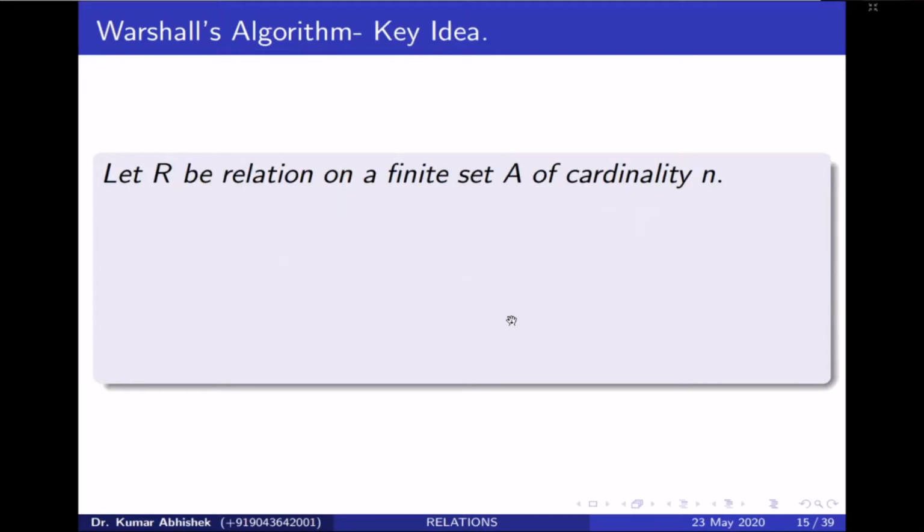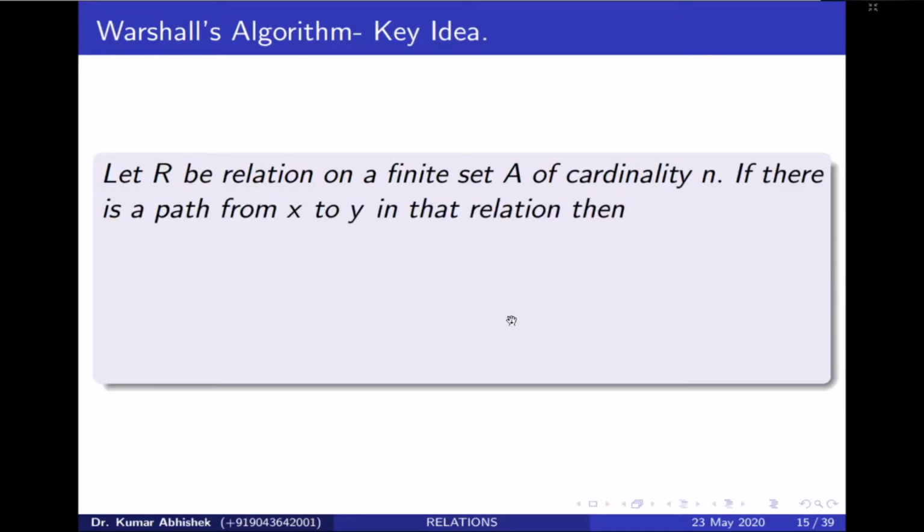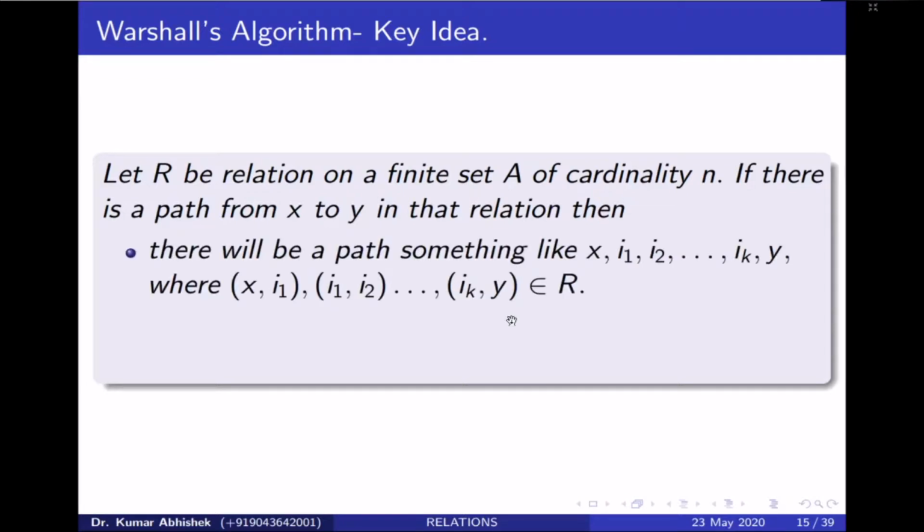The key idea for Warshall's algorithm is that if R is a relation defined on a finite set of cardinality n, and if there is a path from x to y in that relation, then the structure of the path will be something like x, i1, i2, ik, to y, where x, i1 will be an element of the relation R, i1, i2 will be an element in the relation R, and so on.